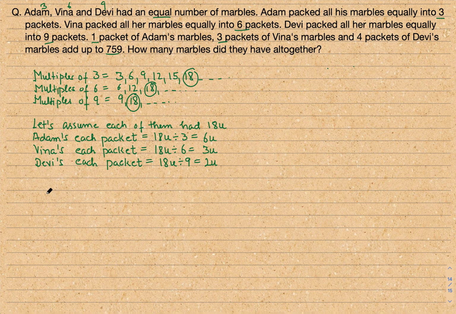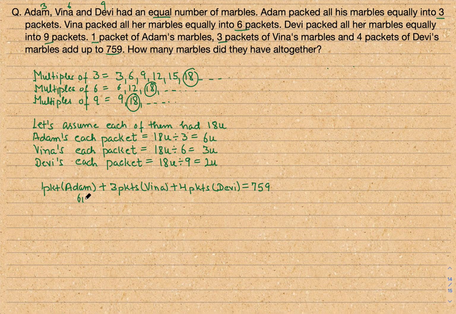So 1 packet of Adam, then 3 packets of Veena, and 4 packets of Devi is in total 759, right?